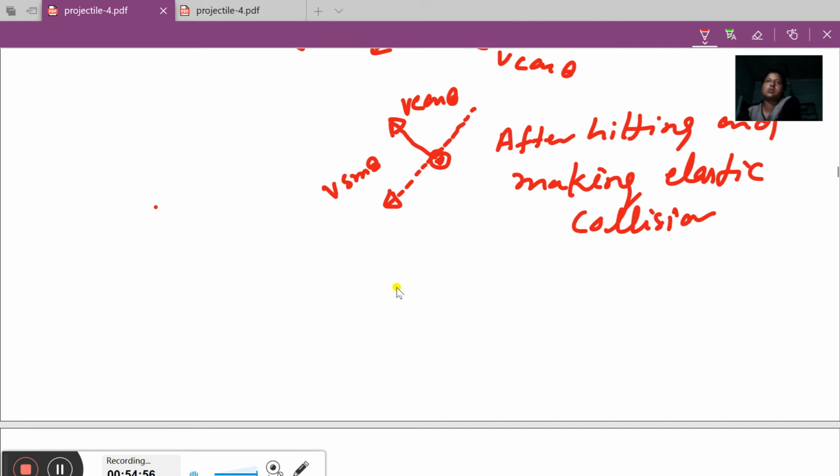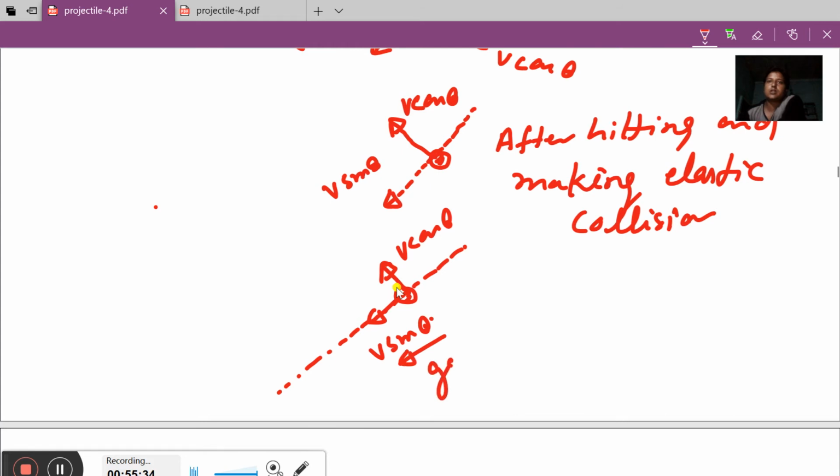So after hitting, the projectile has velocity along the inclined plane and perpendicular to it: v sin theta and v cos theta. What is the component of g? g also is in two directions. So g sin theta and g cos theta.